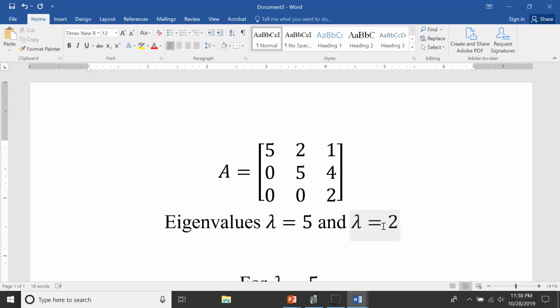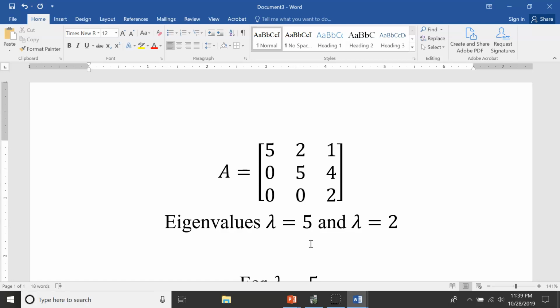So the eigenvalue of interest is 5 because it has multiplicity 2. If it can generate an eigenspace of dimension 2, then my matrix can be diagonalized. If 5 can generate an eigenspace whose dimension is only 1, then my matrix will not be able to be diagonalized.